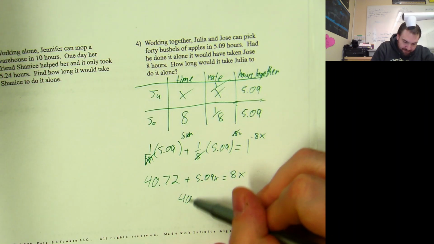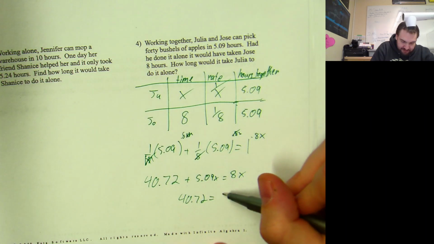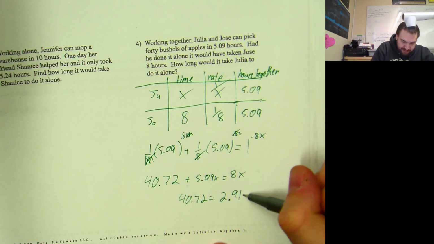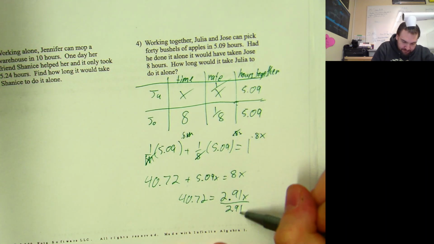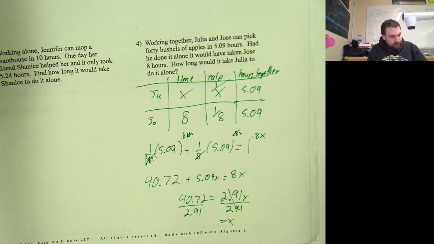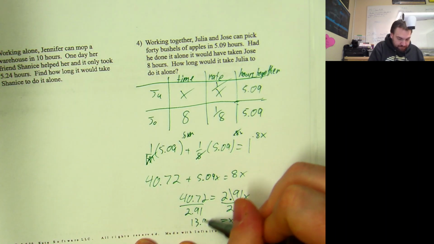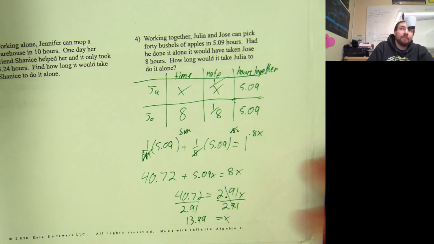So we're going to get 40.72 equals 2.91x. 40.72 divided by 2.91 is 13.99 hours.